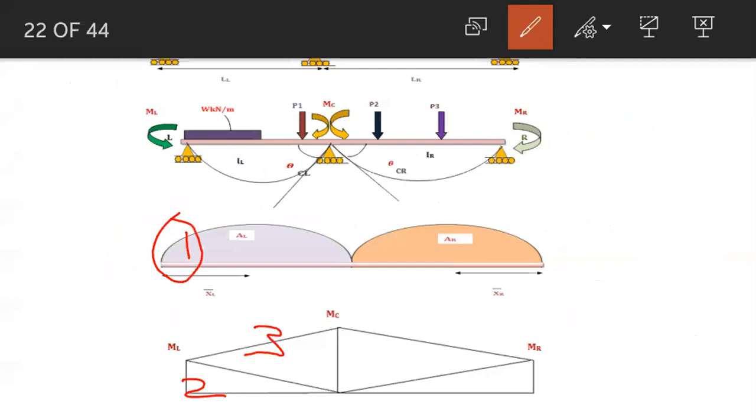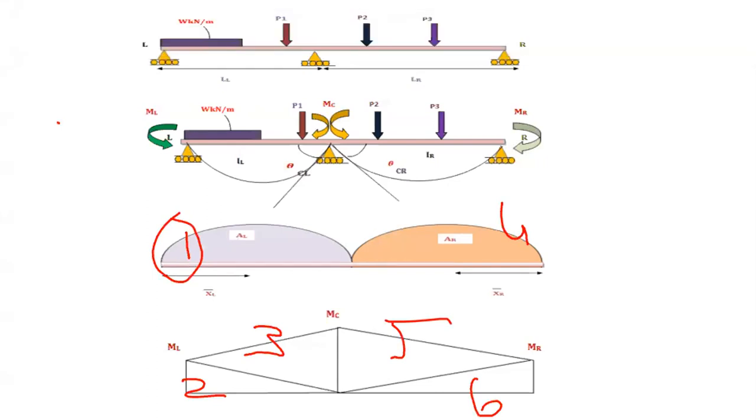If you take the right portion, this is fourth, fifth and sixth. For the left portion there are three diagrams, for the right portion there are three diagrams. If I want to write the compatibility equation, theta CL means nothing but the deflections.